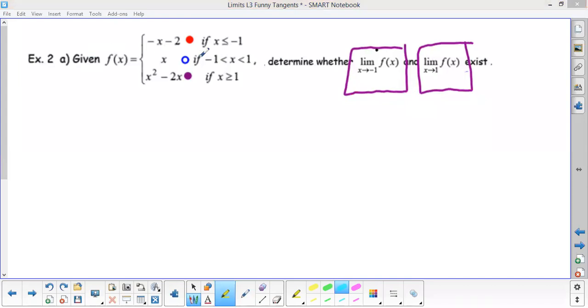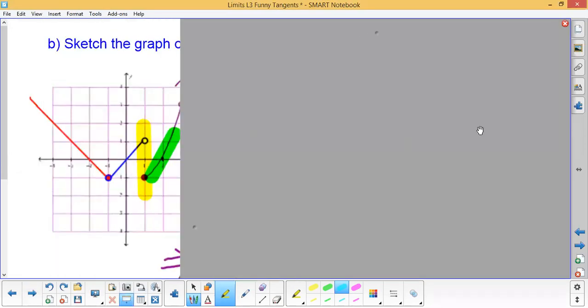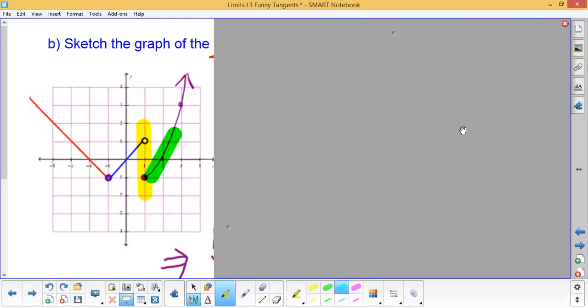the very top part of the piecewise function, when x is less than or equal to -1, will be in red. In between -1 and +1, it will be blue. And when x is greater than or equal to +1, it will be purple. So the graph looks something like this. Okay.